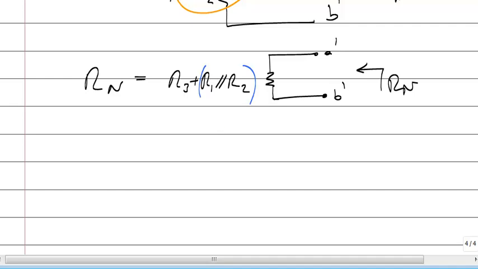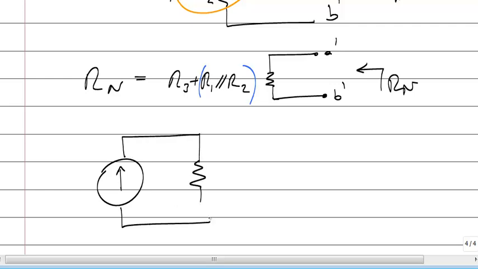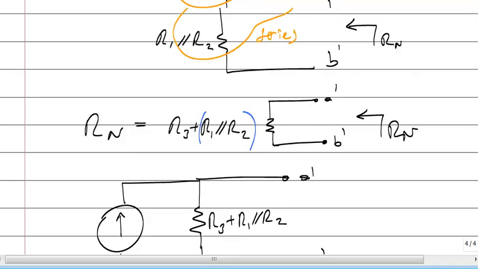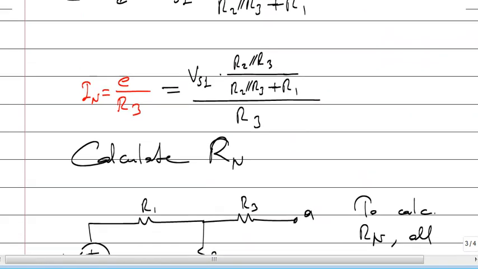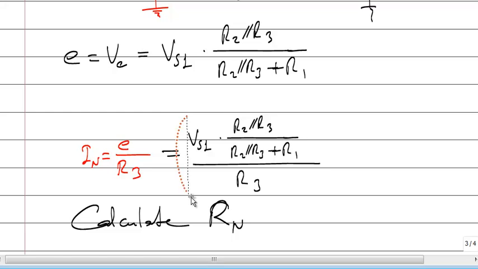So let's draw the Norton equivalent. Norton resistance, this is A prime, B prime, R3 plus R1 parallel R2. What was I Norton? I Norton is this.